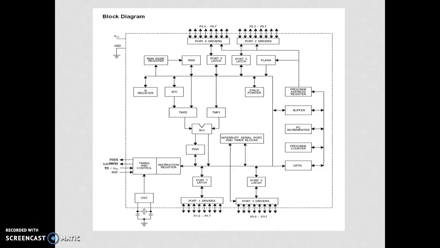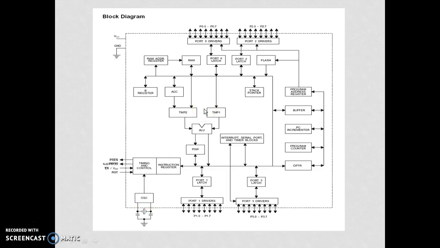So this is another view of this architecture. These are port 0, port 1, port 2, port 3. These have internal latches to hold the data. These are the various signals, that is PSEN bar, ALE, EA bar, and reset pins. This is a timing control pin. This is driven by the oscillator.